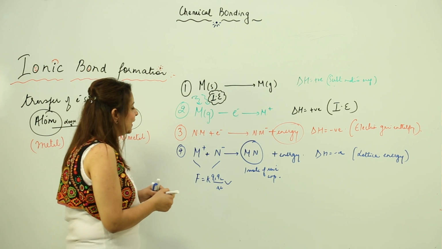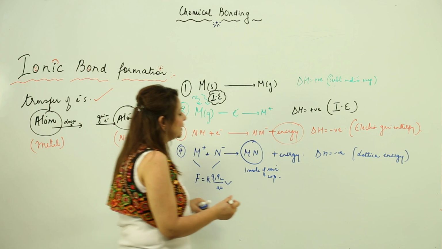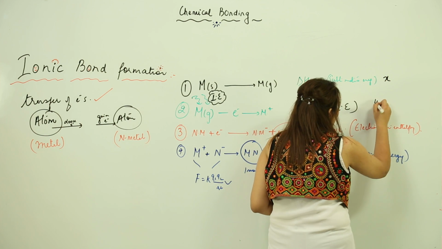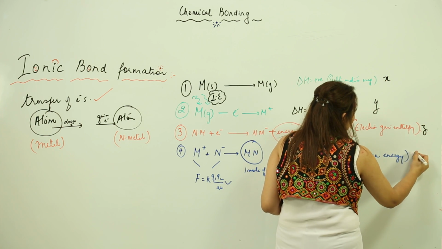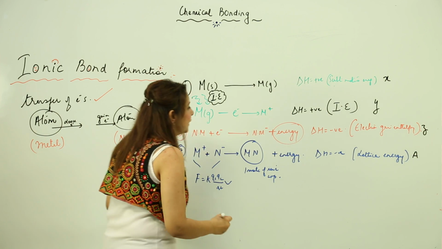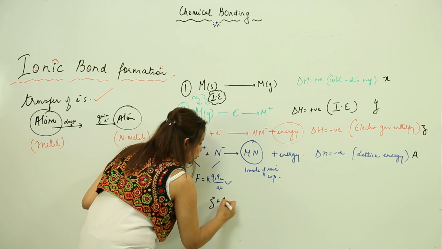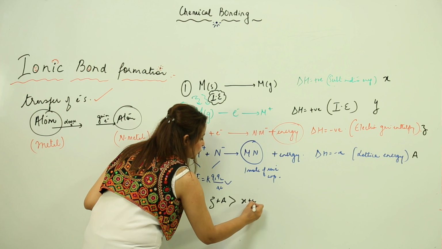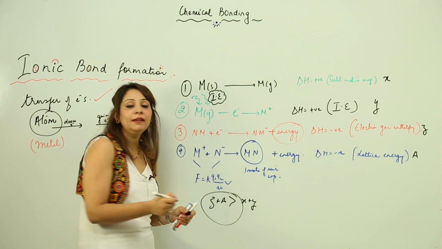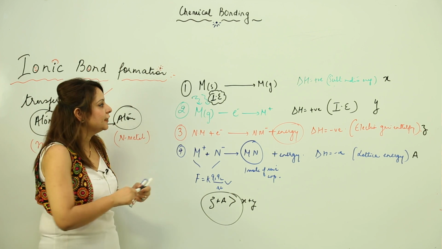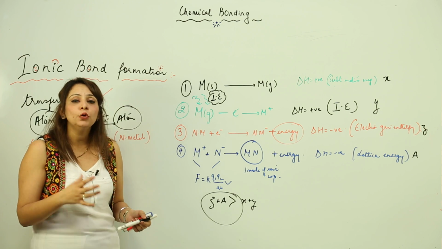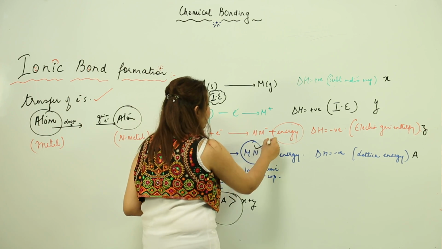So suppose this is X, this is Y, this is Z, and this is A. In this case, Z plus A should be greater than X plus Y. That means the energy released should be more than the energy absorbed. Then only is this ionic compound going to be stable.